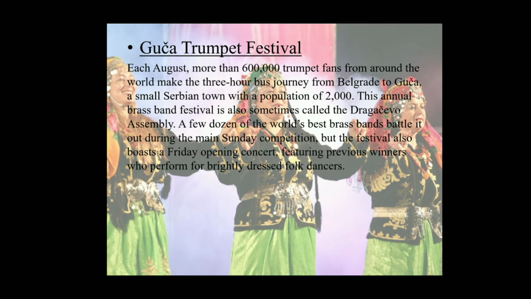A few dozen of the world's best brass bands battle it out during the main Sunday competition, but the festival also boasts a Friday opening concert featuring previous winners who perform for brightly dressed folk dancers.